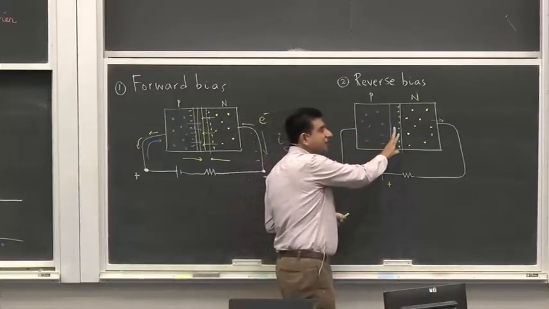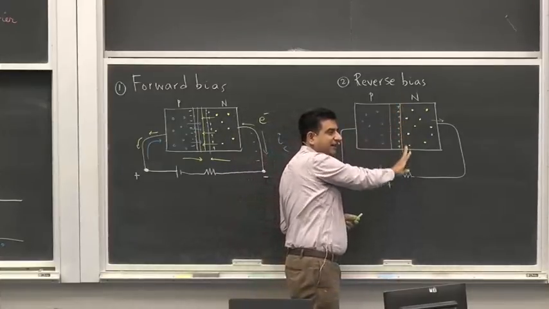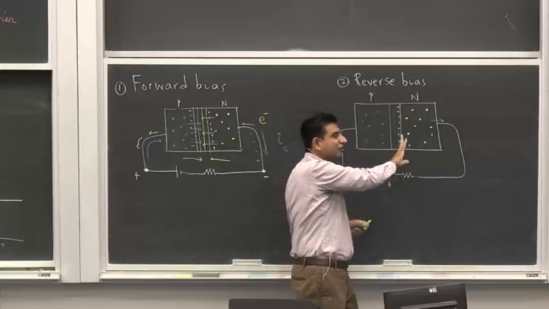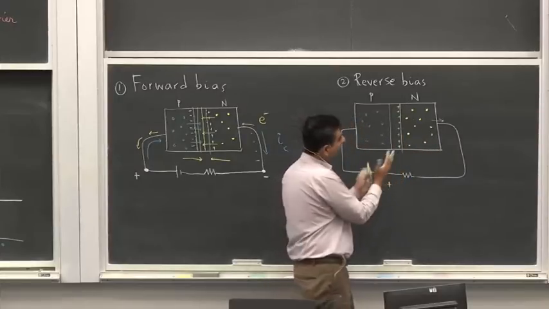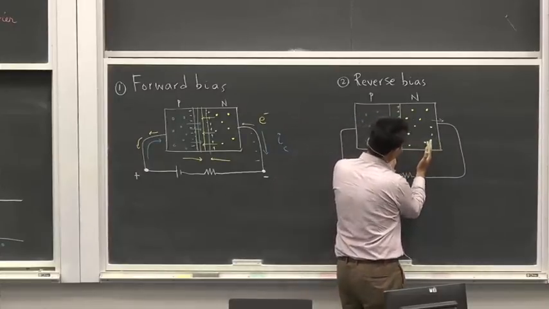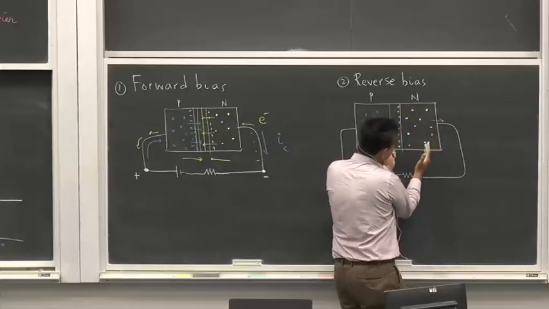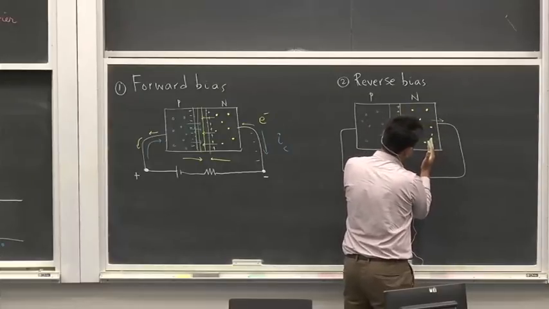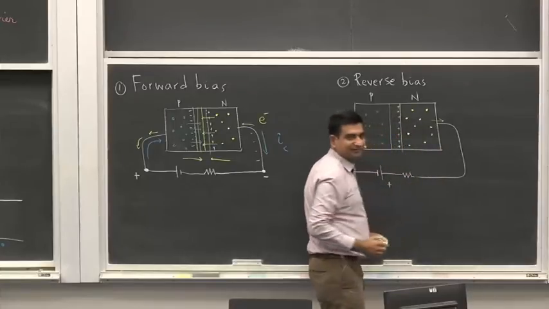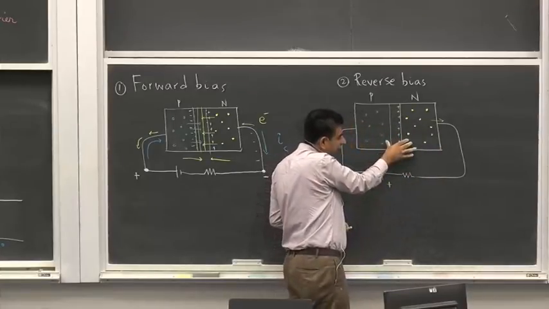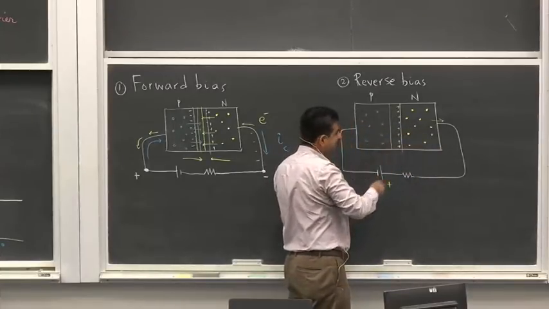So this positive charge, this sheet of positive charge that has been constructed across the junction, is also going to shift towards the right. Because all the swarm of negative charges, electrons, is going to shift towards the right. And as a result, this junction grows, this depletion region grows.